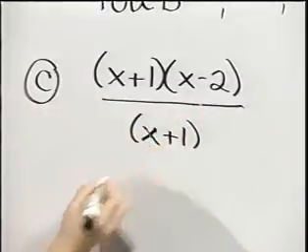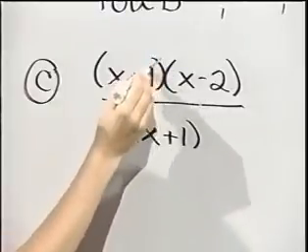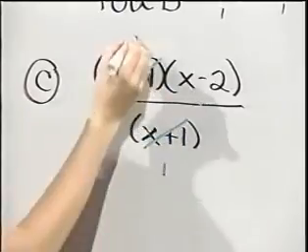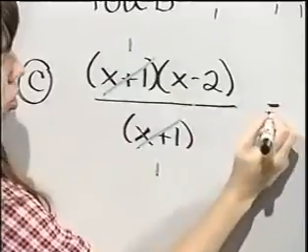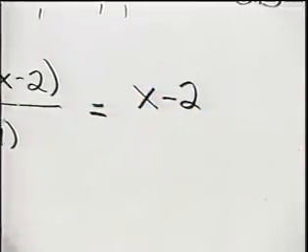Now what can you cancel? You can cancel any factor that occurs in both the numerator and the denominator, and if you look, the x plus 1 clearly occurs in both places, so I can divide x plus 1 by x plus 1 and get 1, and that leaves me simply with x minus 2 over 1, or just x minus 2.